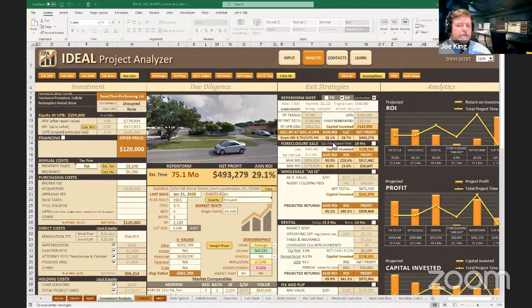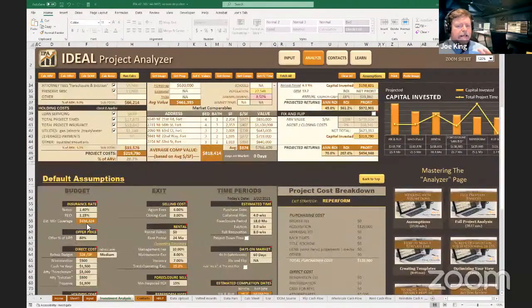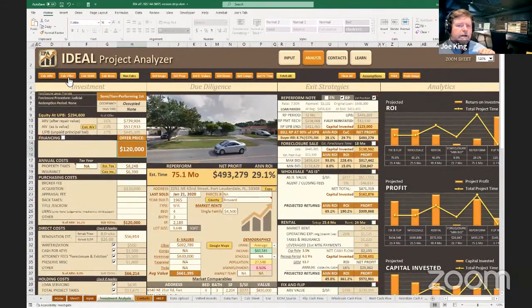So let's just say, for argument's sake, we're going to leave this at 70%, which is where we had it. We're going to recalculate our offer price and leave it at 70%, which puts us at an 11.3% yield. But why we're doing that is because we want to look at this foreclosure and we want a realistic look at it.